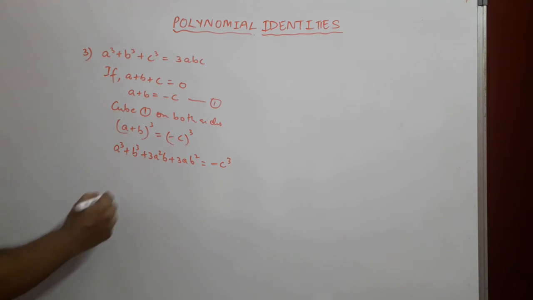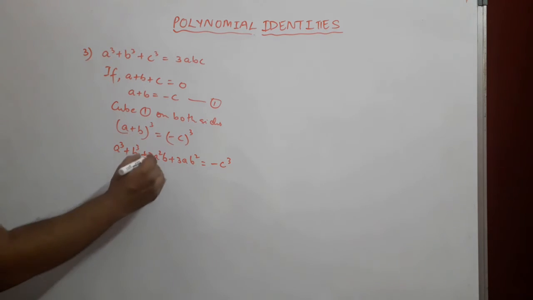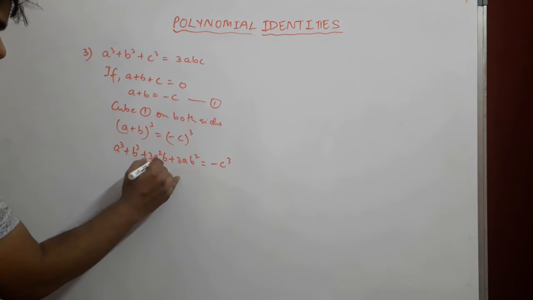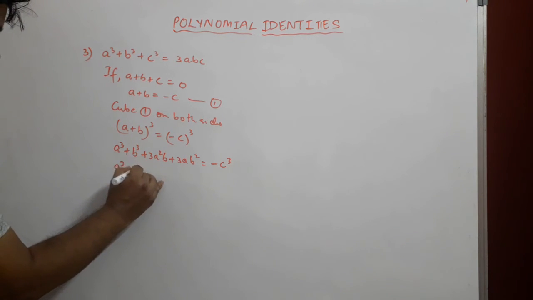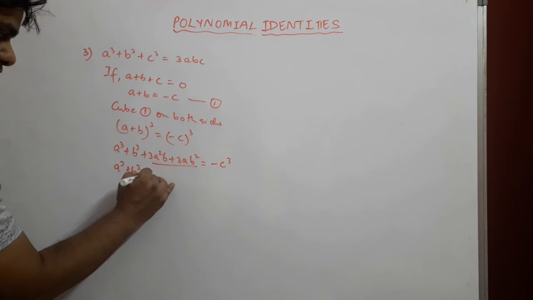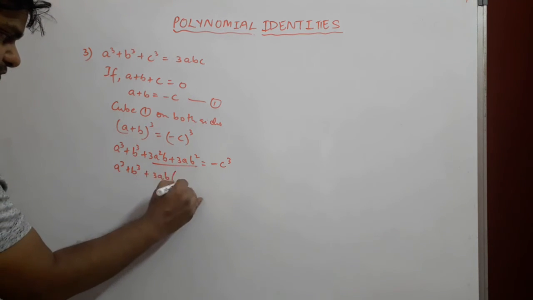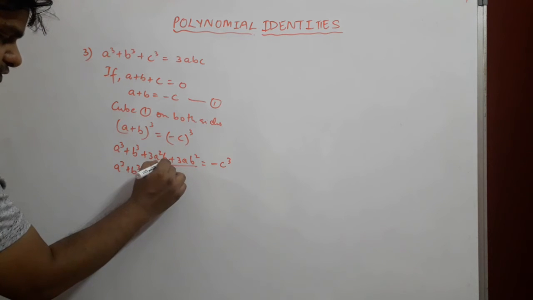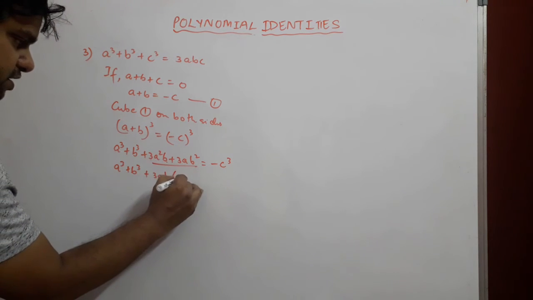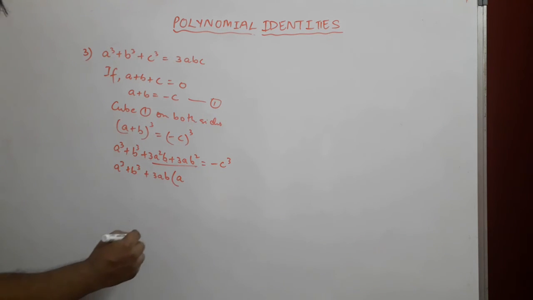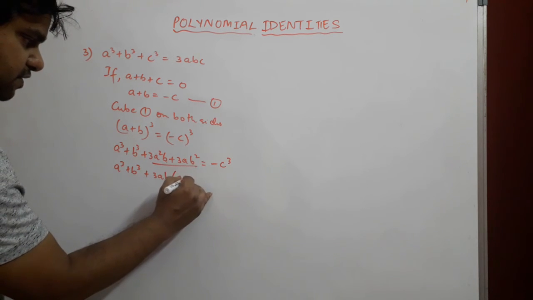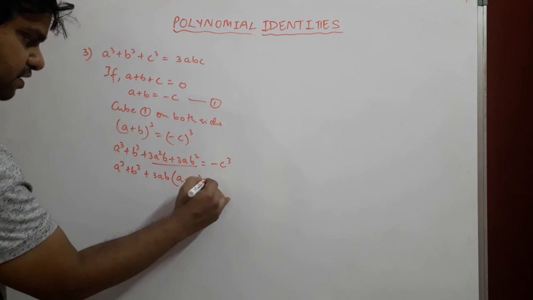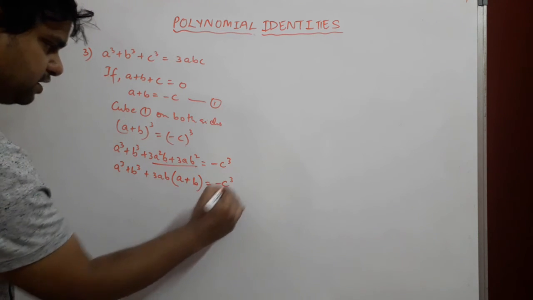Now the next thing we'll do is take these terms common. We can take 3ab common between the two. So we will keep this a cube plus b cube this way, and between these terms we will take 3ab common. If we take 3ab common from here, we are left with just a, and if we take 3ab common from this one, we are left with just b, equal to minus c cube.